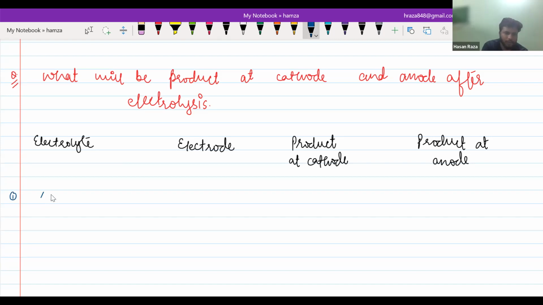Now see, first of all, I'm going to take aqueous AgNO3, and the electrode is platinum or graphite. This platinum or graphite electrode is inactive electrode. Now the second is aqueous NaOH, and this is also platinum or graphite.